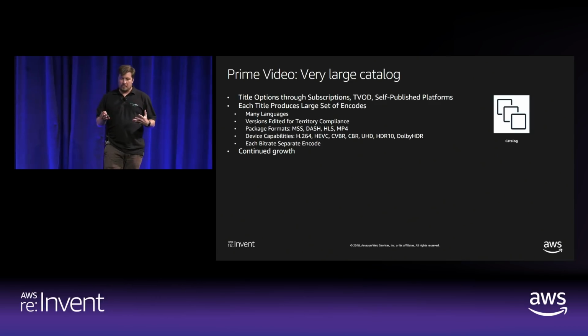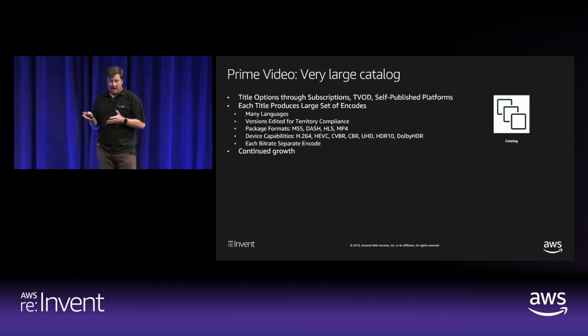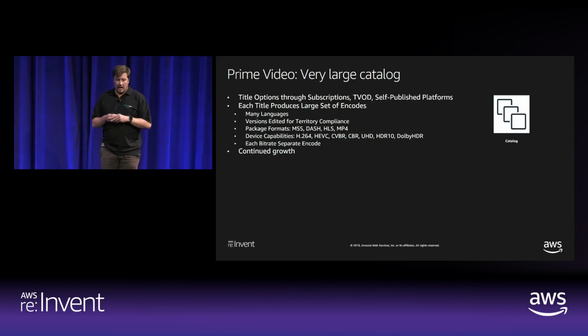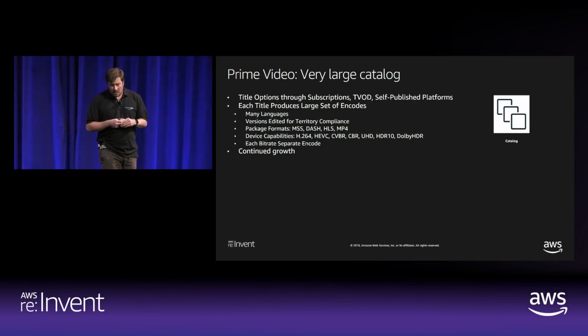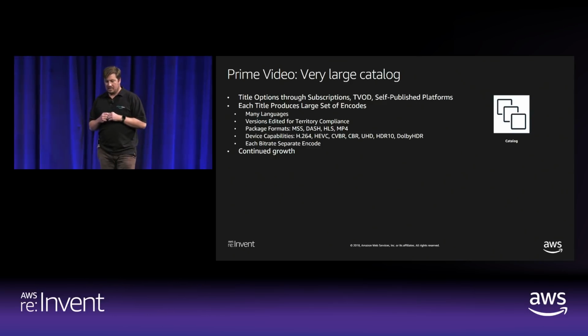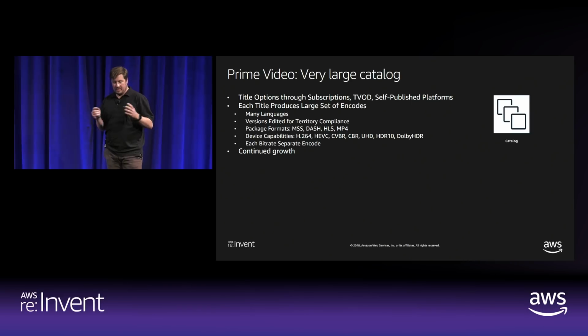With those package formats defining the protocols that we use, we also support up to 22 languages for global content. So for one video, that can be about 300 files. That's a lot of data just for one single title.